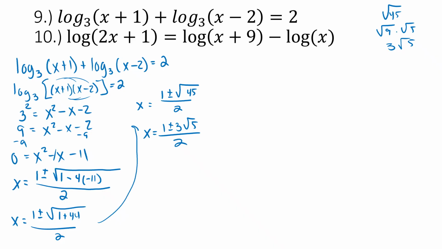So I have two possible solutions to this. We have to check the 1 plus 3 root 5 over 2, and we have to check the 1 minus 3 root 5 over 2. Now, because I want to make things fairly simple, we are going to just try to check this as quickly as we can.